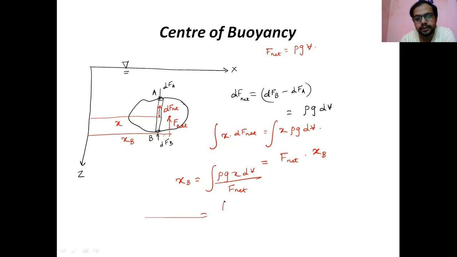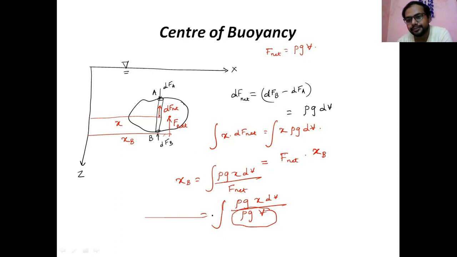So that is rho G X divided by rho G. Sorry, rho G would be out of the integration; it should not be inside the integration.